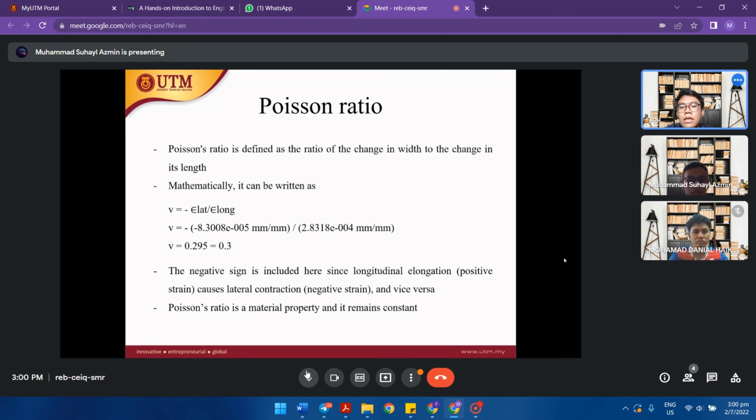The calculated value of Poisson ratio is similar to the one used for analysis, which is 0.3. This is because the material used in both analyses is stainless steel. So therefore, Poisson ratio is a material property and it remains constant.